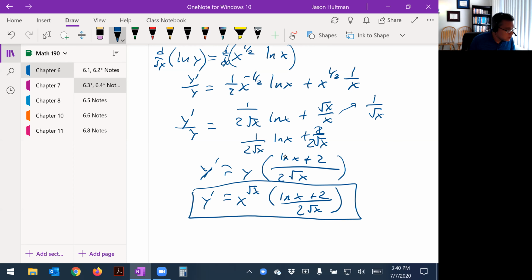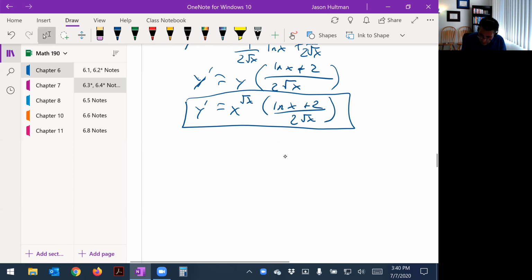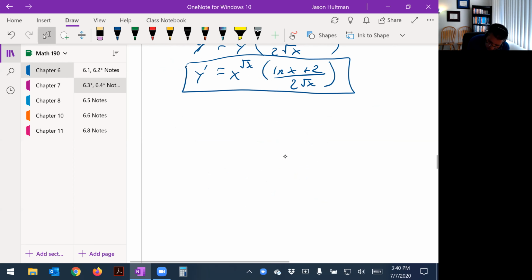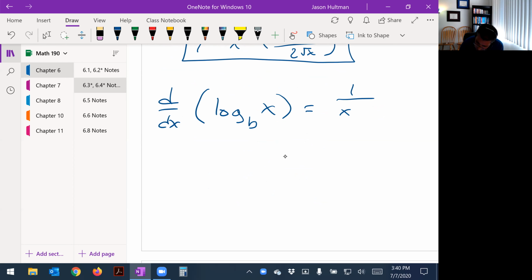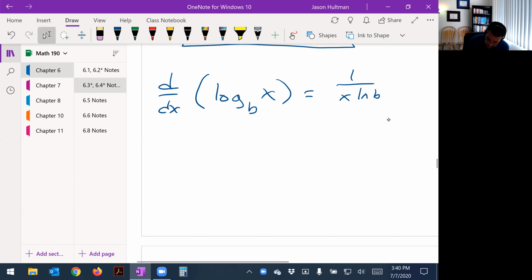Nicely done. Okay, let's look at another property of logs here. If I wanted to take the derivative of a log base b, something other than base e, this is going to be equal to 1 over x natural log of b. Now let's prove this.